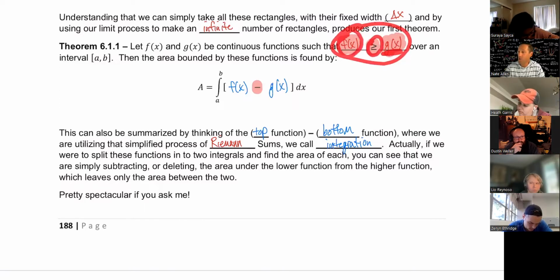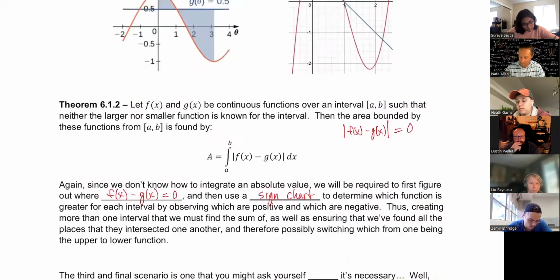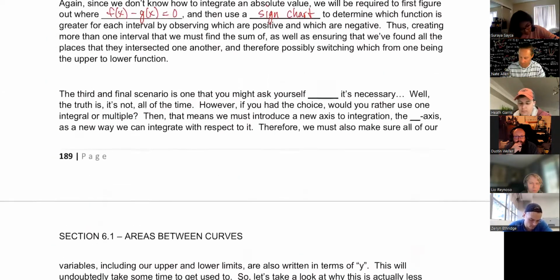Negative. And how are we going to combat that? Absolutes. We will throw a negative on the outside to get rid of the absolutes. Very good. So this, my friends, is just our shortcut.